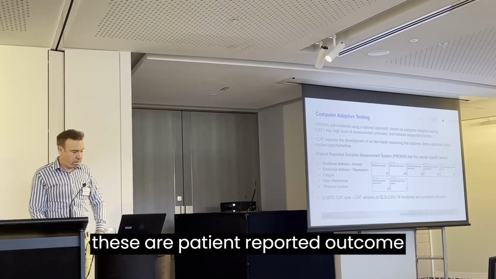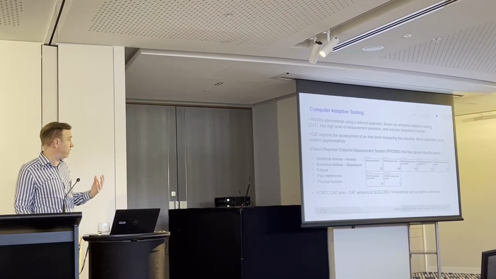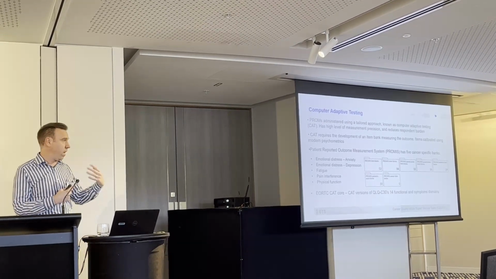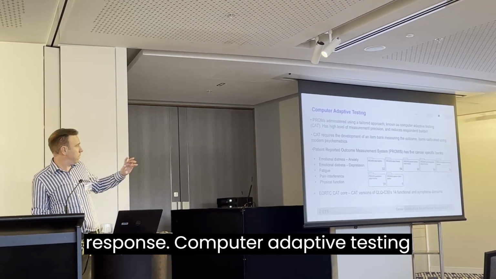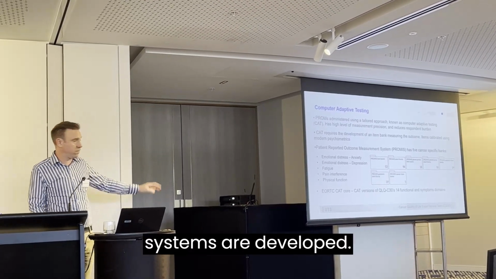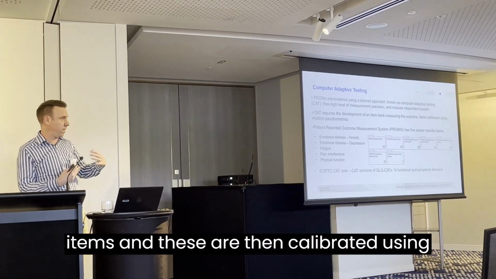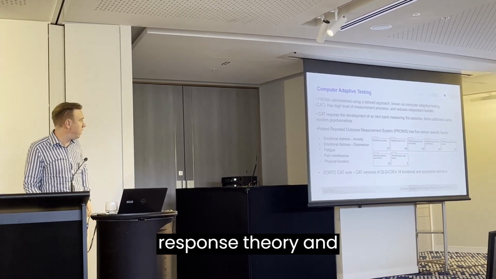These are patient-reported outcome measures that can be administered using a tailored approach, where the items given to each person are tailored based on their previous responses. Computer adaptive testing systems are developed by respondents completing a large set of items, and these are then calibrated using modern psychometric methods such as item response theory.